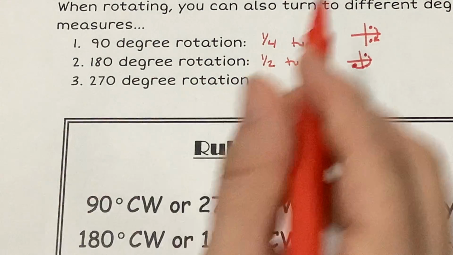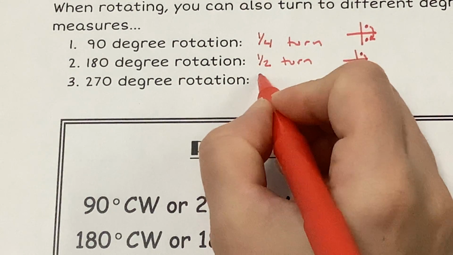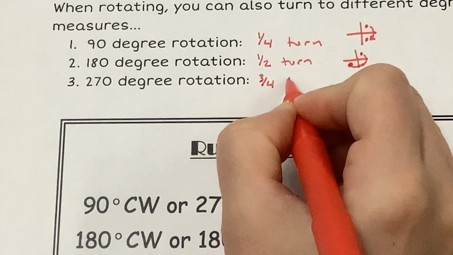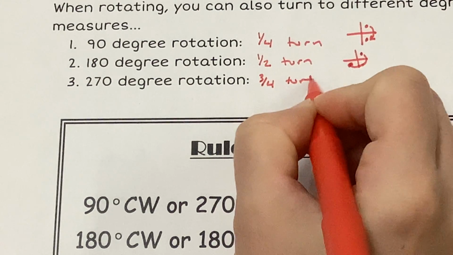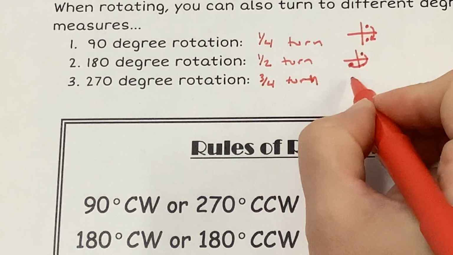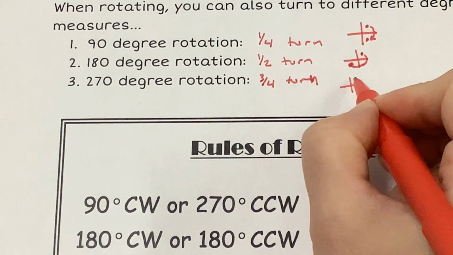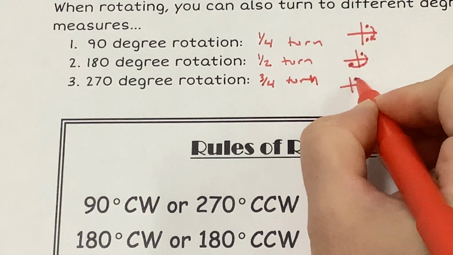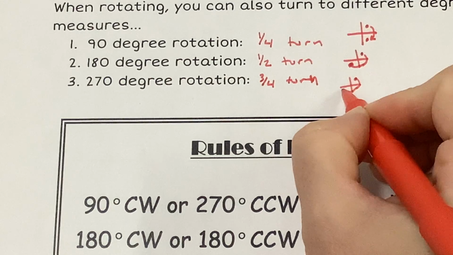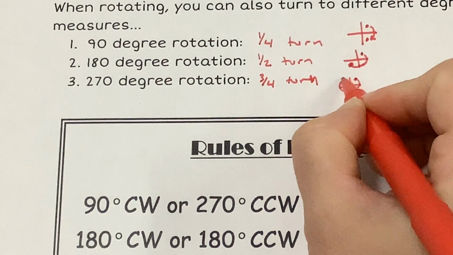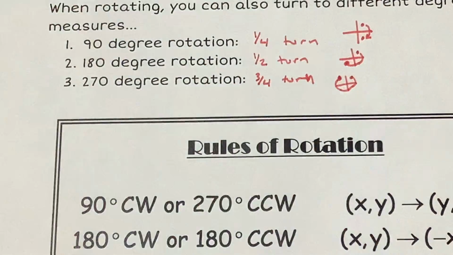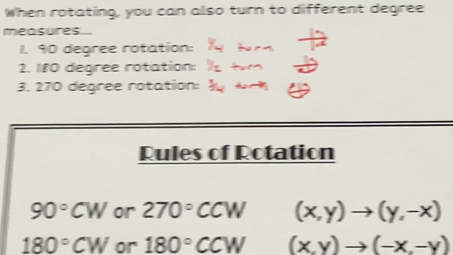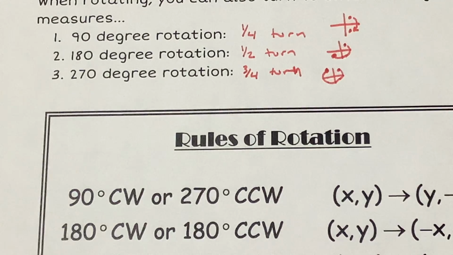And then a 270-degree rotation is exactly 3/4 of a turn. So on a grid, if you move it 90, 180, 270, that moved exactly 3 quadrants over. If you notice, all of these are increments of 90.